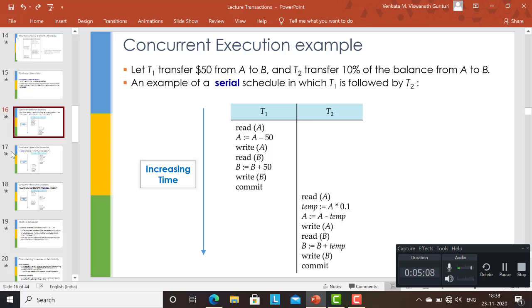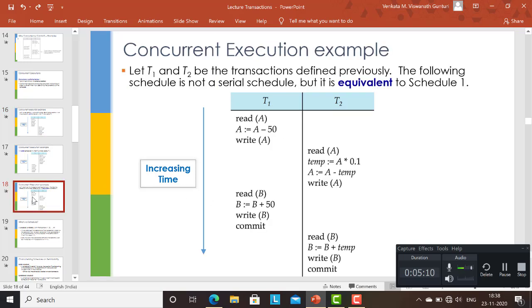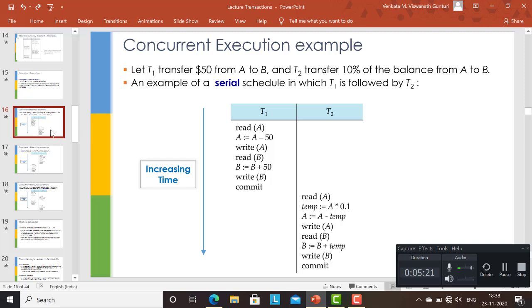So that part is there, but all we want to ensure is that whatever interleaving is being generated by your concurrency control manager is equivalent to at least one serial schedule, right? Now when I say equivalent, I'm going to underline the word equivalent, because there are multiple definitions of what I mean by equivalent. We will cover something called conflict equivalent.